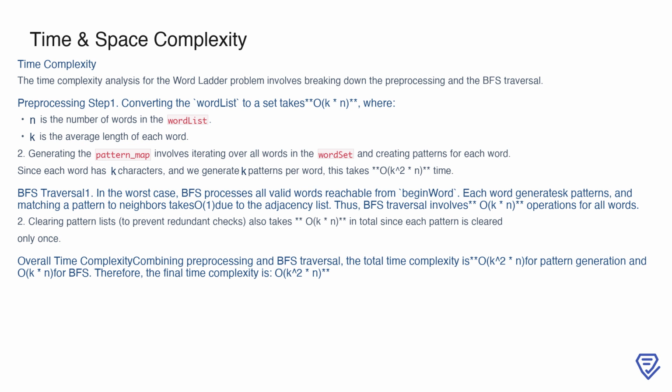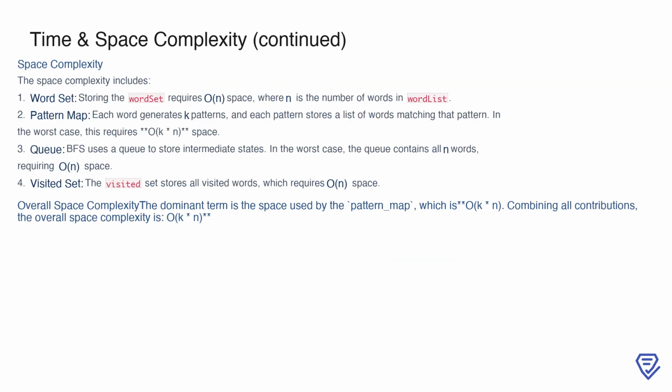Additionally, clearing pattern lists to avoid redundant checks also takes k*n, as each pattern is cleared only once. Combining these, the overall time complexity involves k²*n for preprocessing and k*n for BFS traversal, giving us a final total time complexity of k²*n.